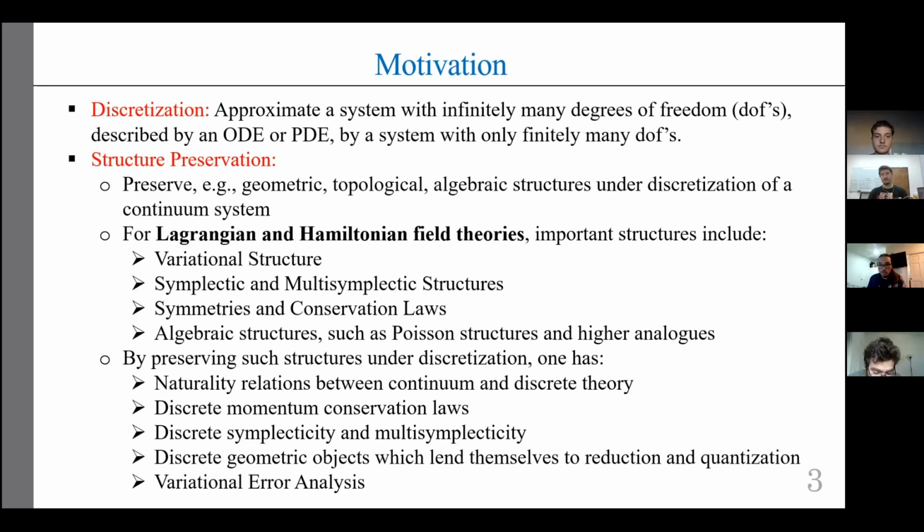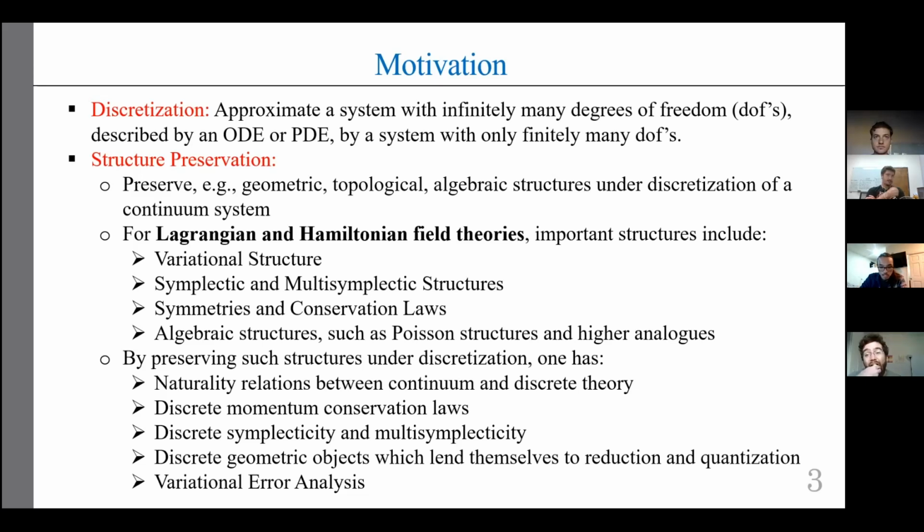But there's another goal, which is to say, if your problem has some inherent structures to it, and you just apply any arbitrary discretization, you might lose those structures. So for example, if you have a Hamiltonian system in mechanics, and you just apply, let's say, RK45, a common ODE solver in MATLAB, your discrete system won't preserve the symplectic structure inherent to your Hamiltonian system.